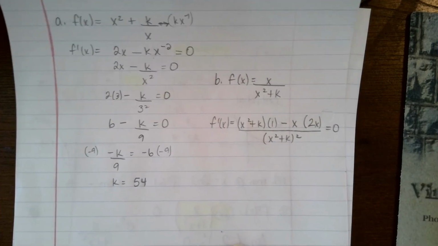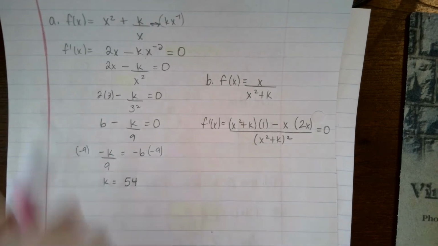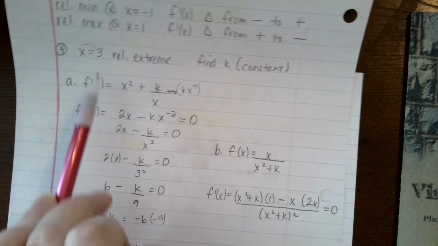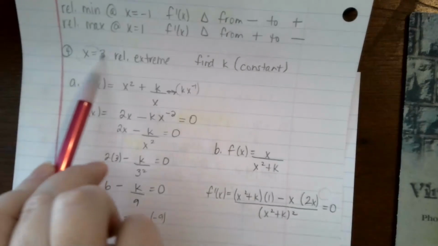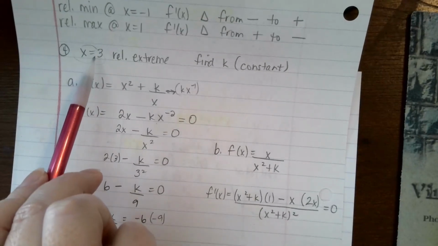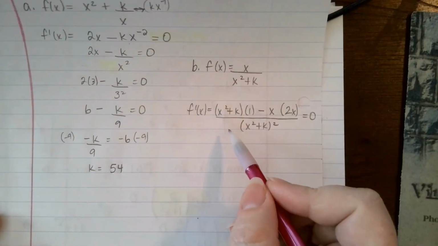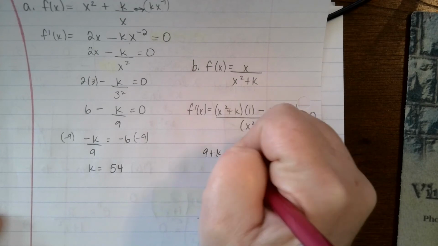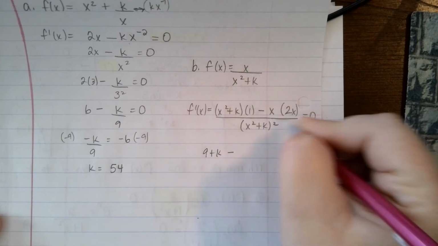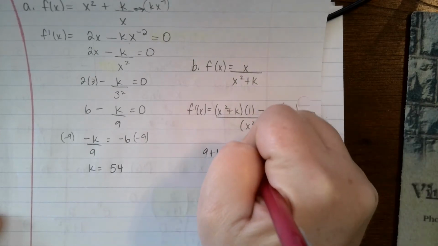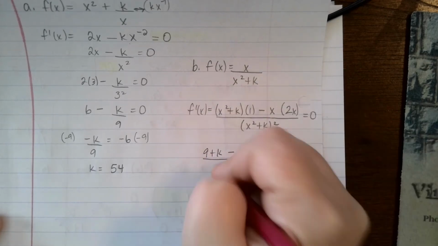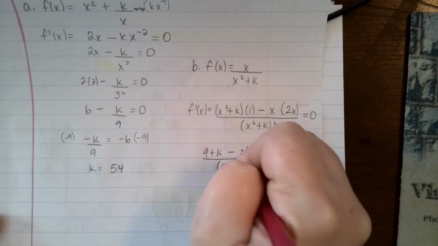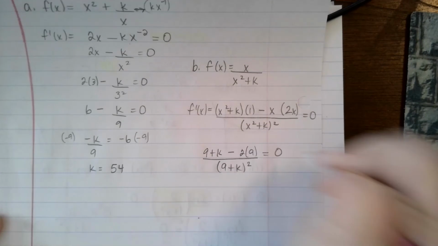Now again, here's our deal. We know that x is equal to 3, because you have a relative max or a min at 3. So that means when the derivative equals 0, x has got to equal 3. So 9 plus k minus 2x squared, so that's 2 times 9, all over 9 plus k quantity squared equals 0.